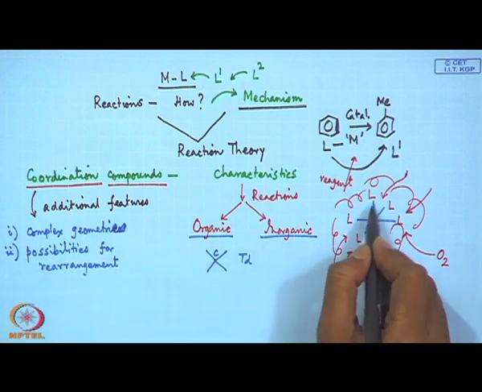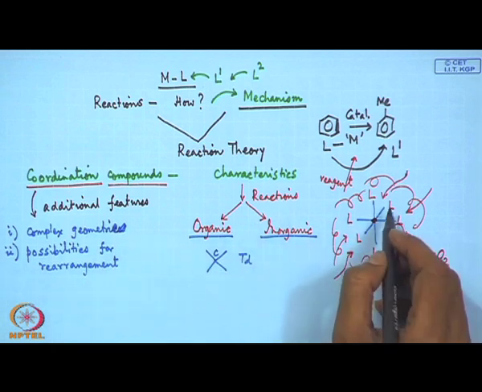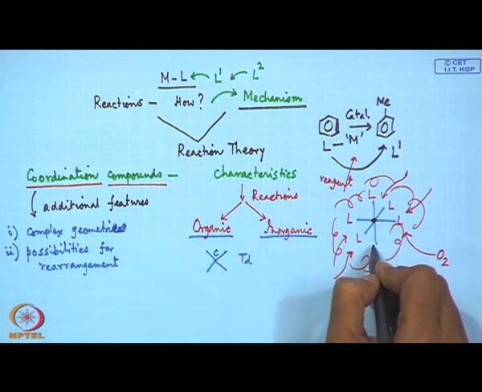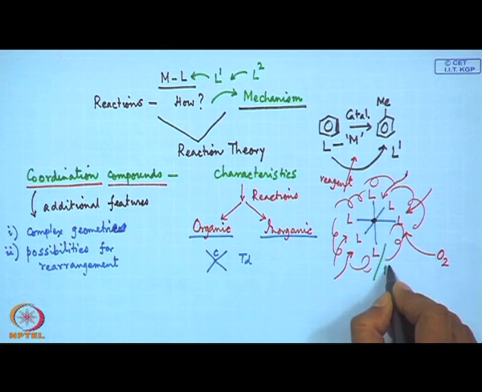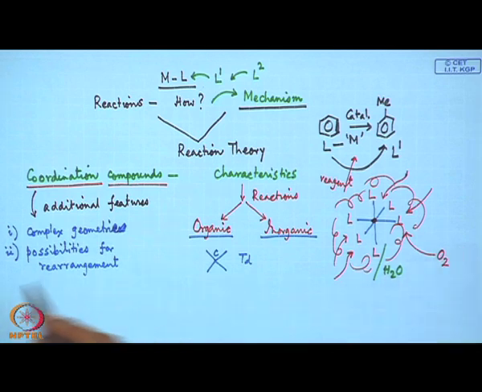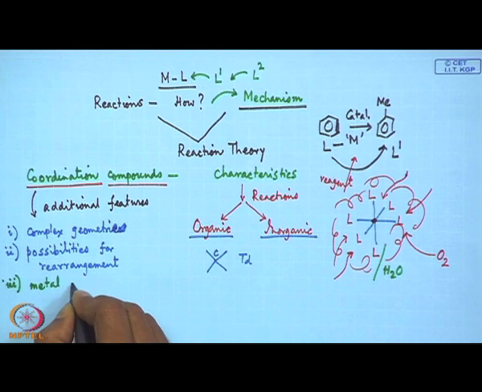So, how this particular geometry, if it is square pyramidal or if it is octahedral only, so how O2 will come and bind this iron center by substituting say some water molecule already bound to the iron site. So, the possibilities are more and the rearrangements are also more, and the metal atoms present in these species can be the corresponding ions also.